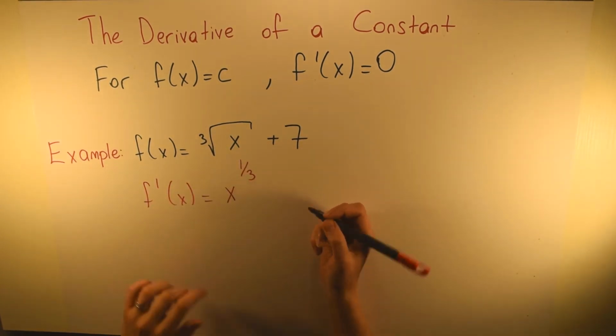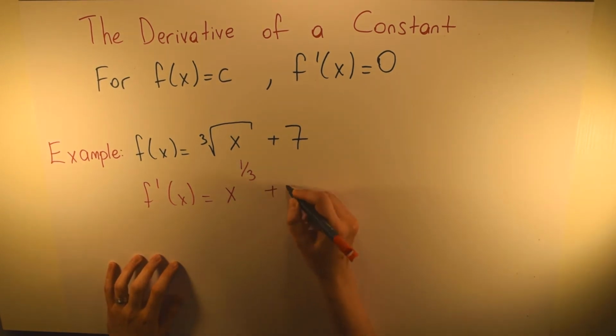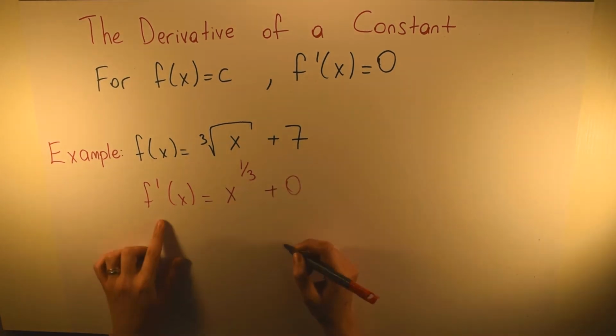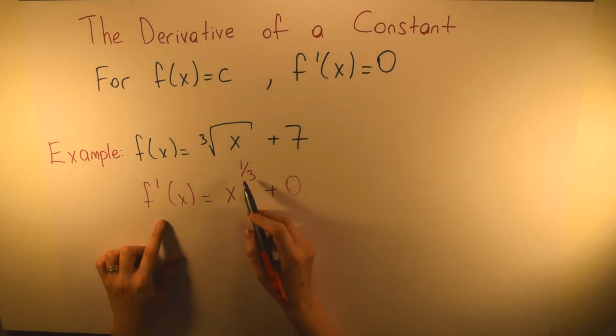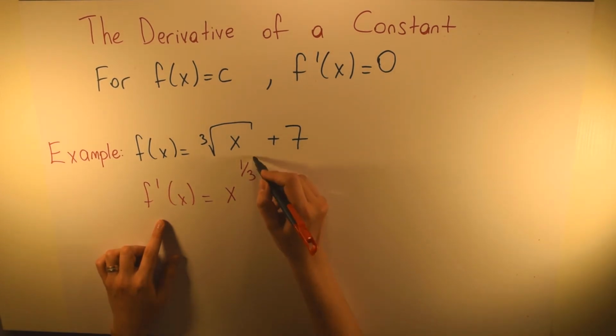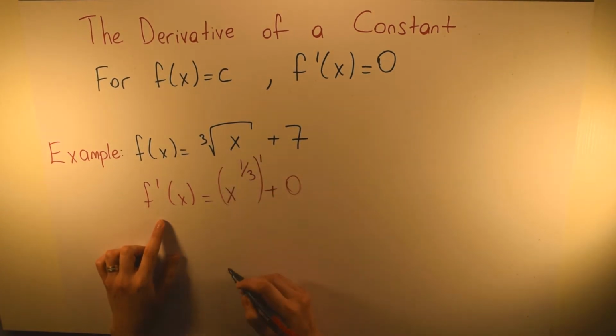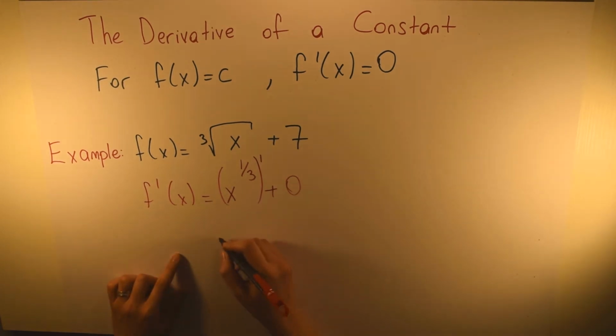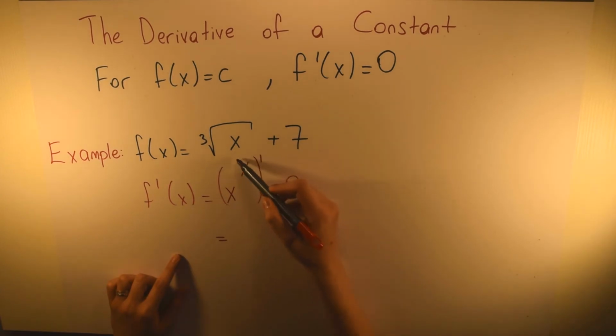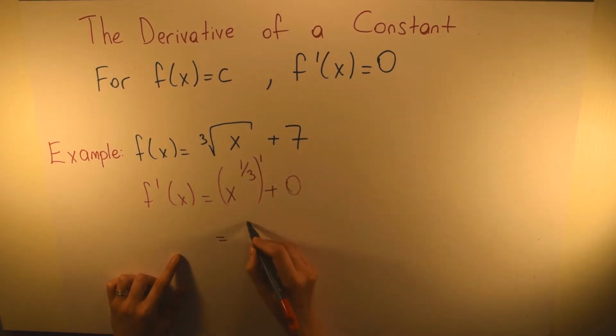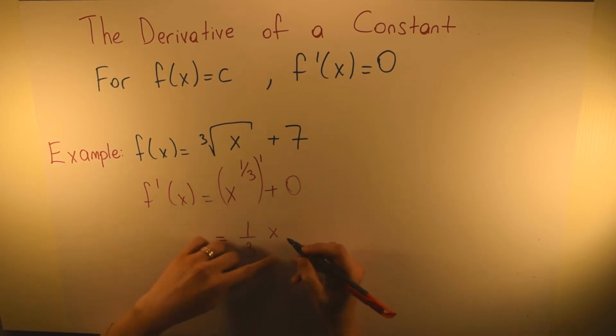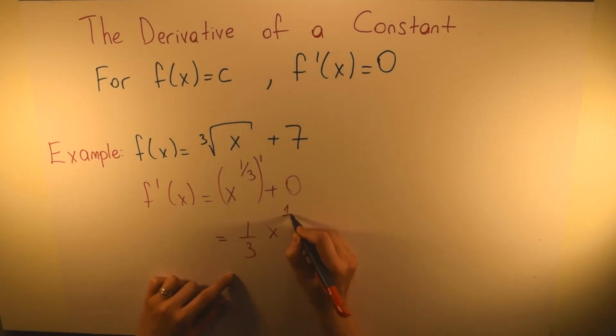So let's continue. Let's write it as 0, and then here x to the power of, sorry, I need to take its derivative, of course. So how do I do that? I just learned the power rule, right? I put this exponent in front of x, which is equal to 1 over 3 x to the power of 1 over 3 minus 1.